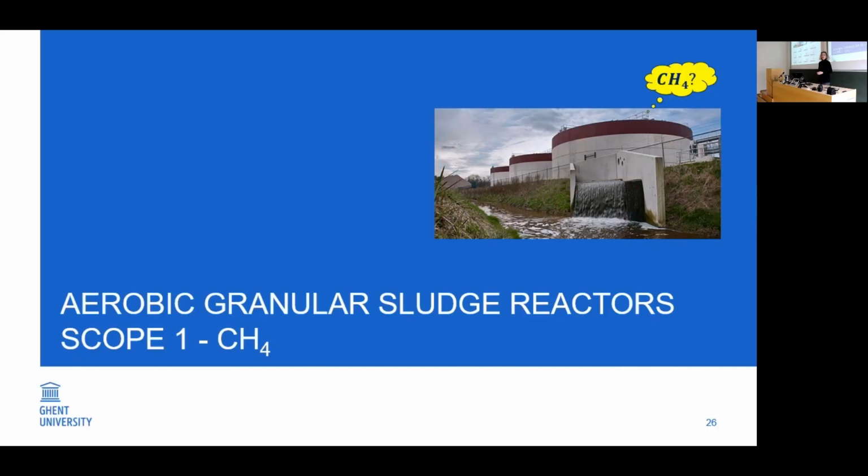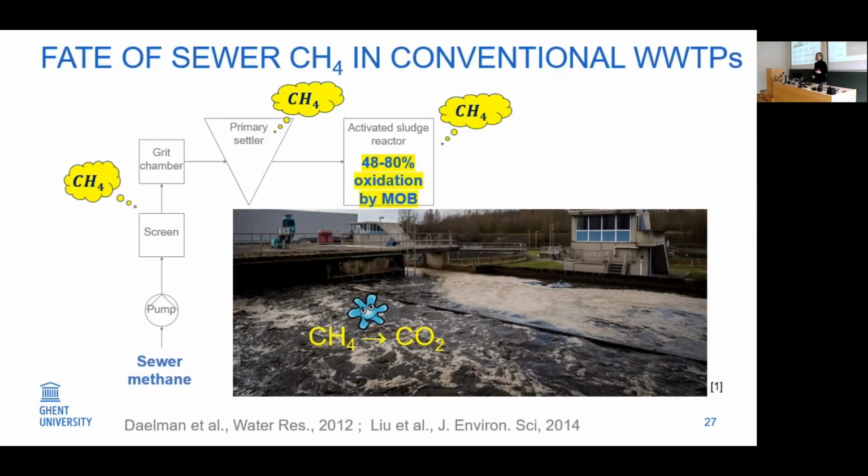We looked into the fate of methane in aerobic granular sludge reactors. As I indicated before, there are 2 main sources of methane, methane coming from the sewer and methane which is related to sludge treatment. Let's focus now on what happens to the methane that comes from the sewer.